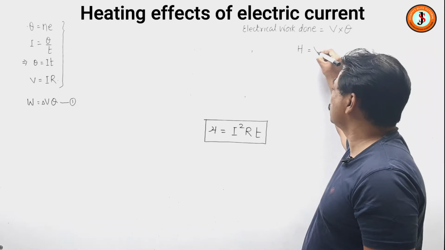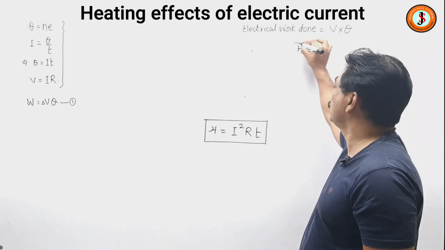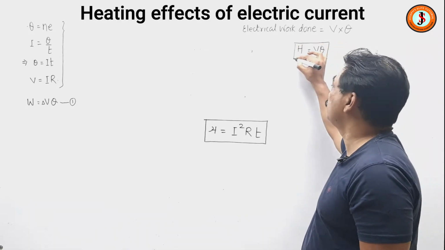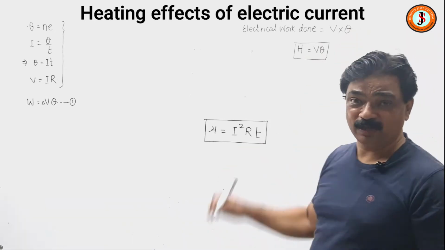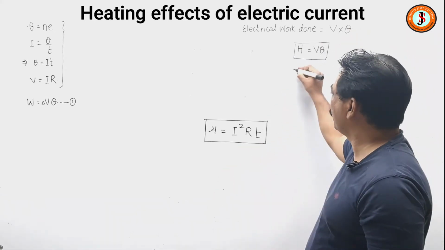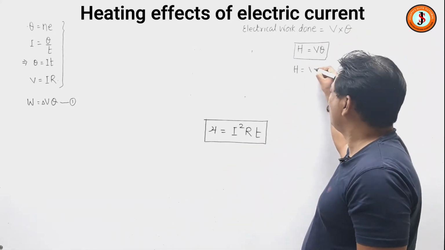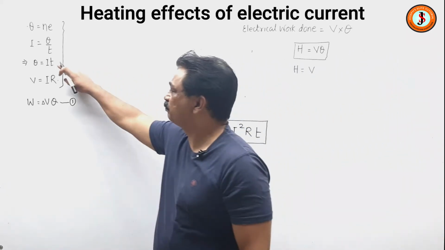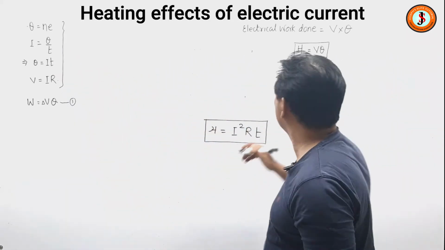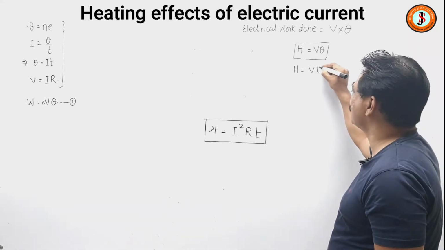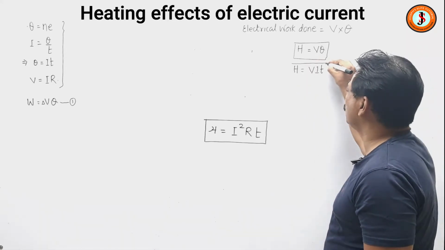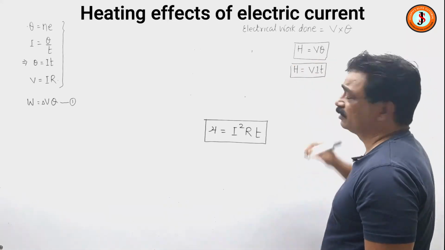This is the first equation which you can keep in your pocket to use at times. Second, H is equal to VQ is equal to VIT. So I put Q is equal to IT. This is the second equation which you can use for yourself.